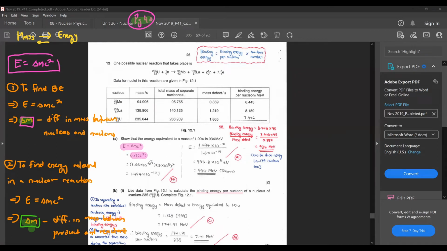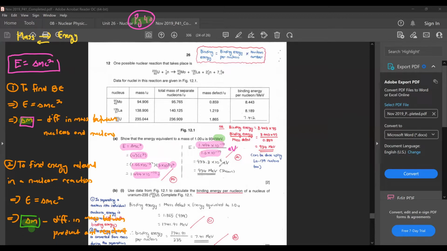You just sub in your value of u, which is 1.66 times 10 power minus 27, sub in the speed of light, square it, and then you're going to get this answer in joules. But the answer wants it in eV, MeV. So you have to take the answer in joules, divide by 1.6 times 10 power minus 19 to get the answer in eV in the first place.